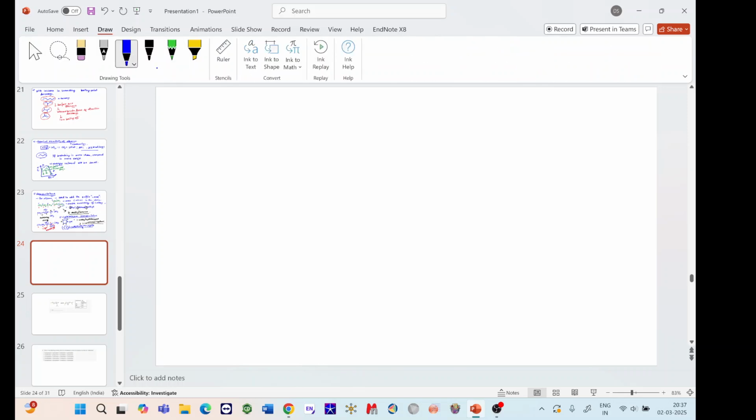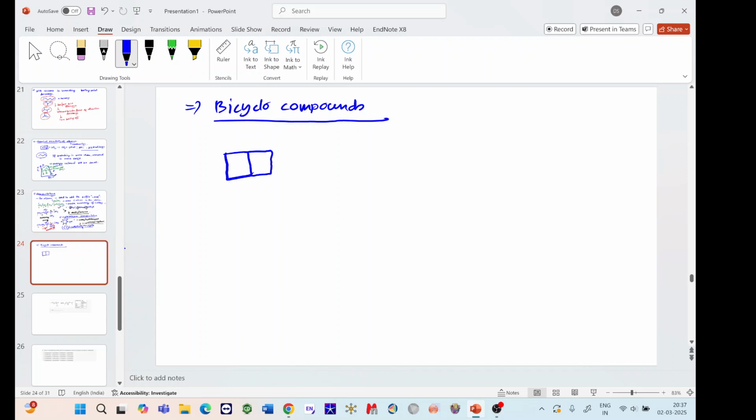If you have something which is called a bicyclo compound. What are bicyclo compounds? Maybe you have something like this.